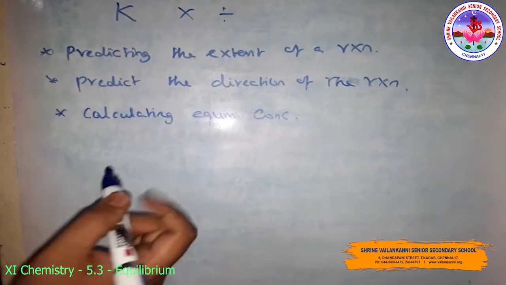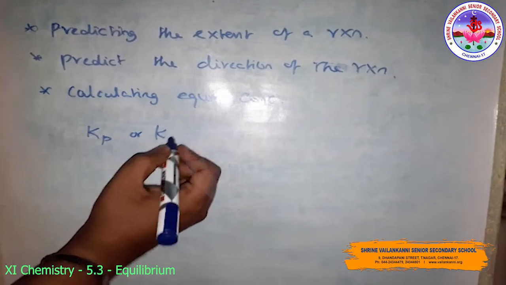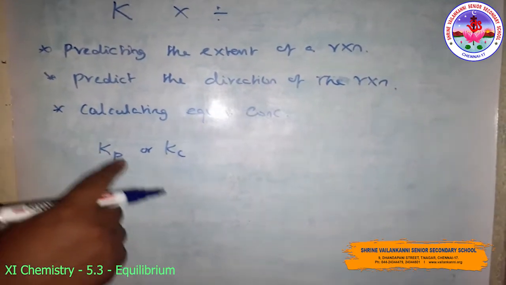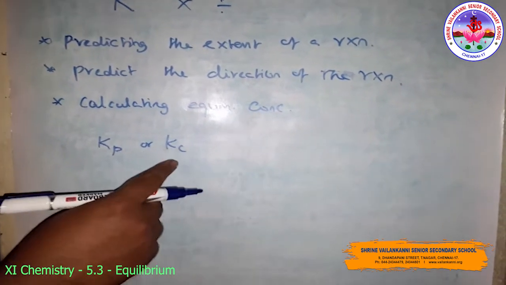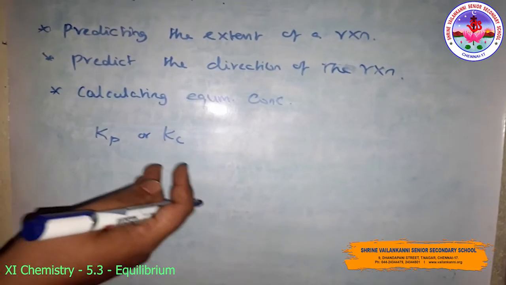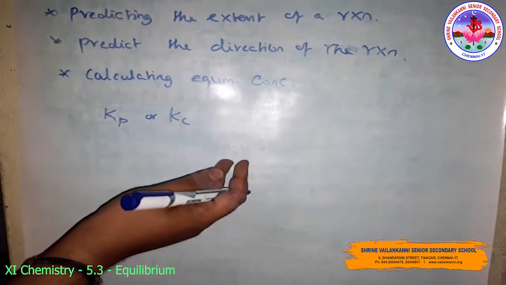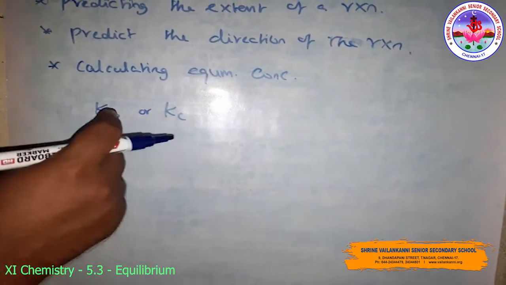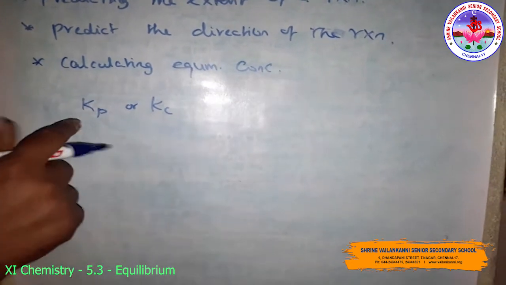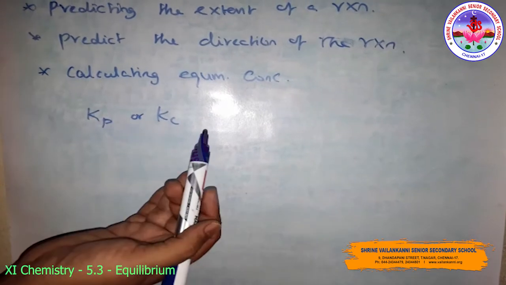The magnitude of Kp or Kc is directly proportional to the concentrations of the products and inversely proportional to the concentrations of the reactants. So a high value of K is suggestive of a high concentration of products and vice versa.